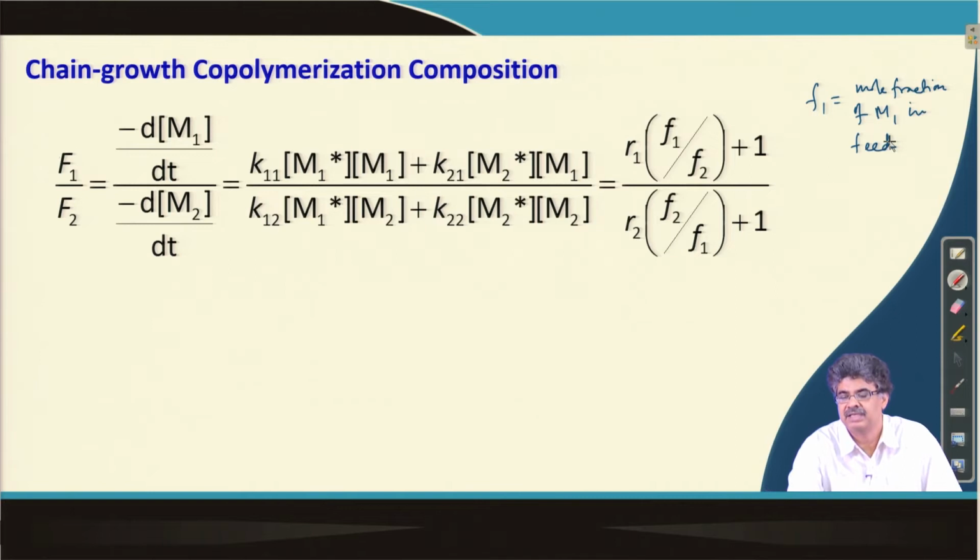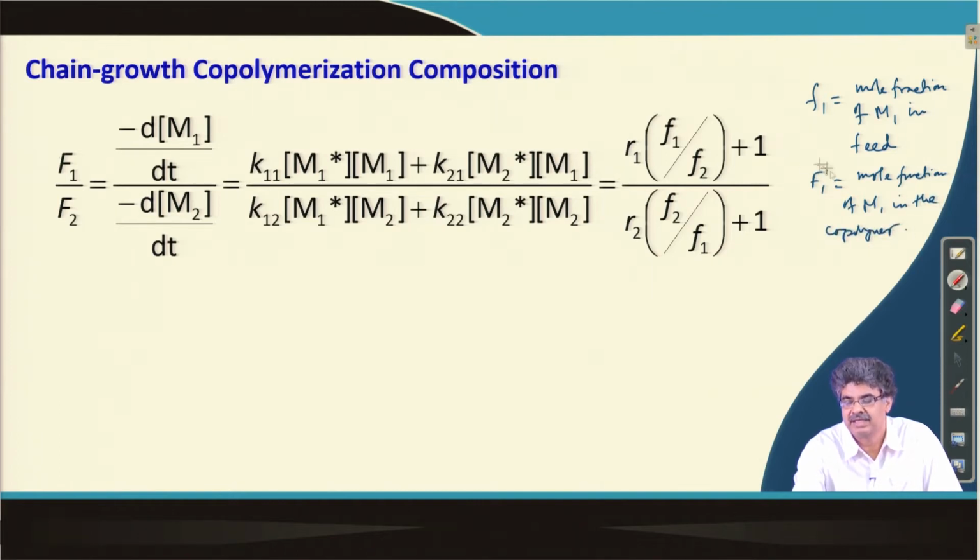Similarly, f2 is the mole fraction of M2 in the feed, and capital F1 is the mole fraction of M1 in the copolymer. So, when we talk about capital F, we are talking about the copolymer, and when we talk about lowercase f, we are talking about the feed.